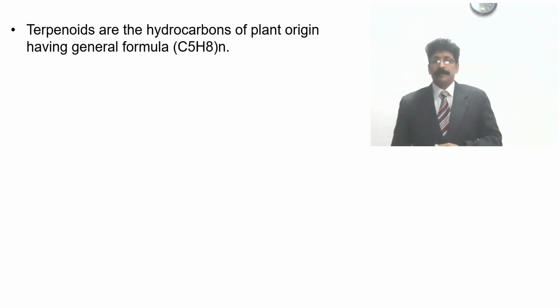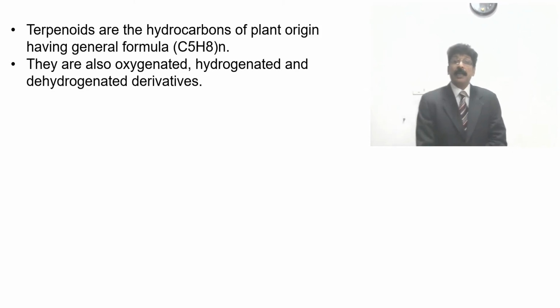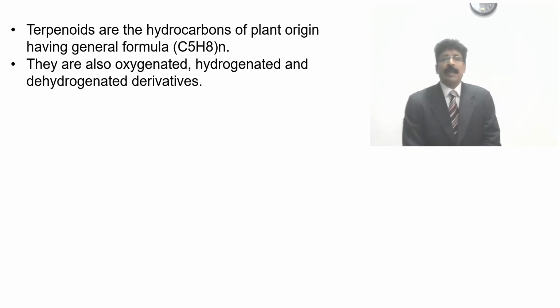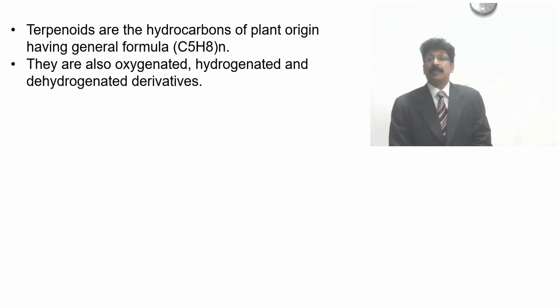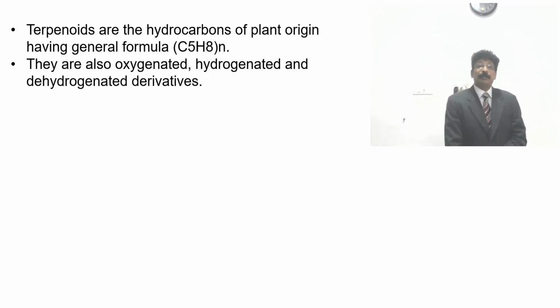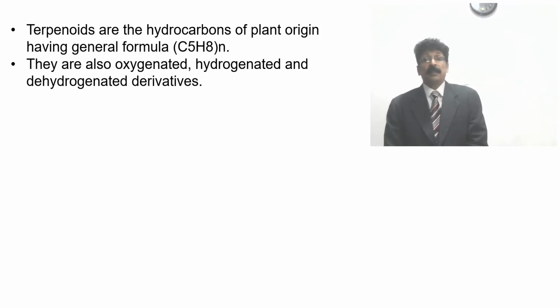So at present, I just want to say terpenoids are hydrocarbons of plant origin having the general formula (C5H8)n, because we use n number of isoprene units, besides the monoterpenes, diterpenes, sesquiterpenes, and polyterpenes.